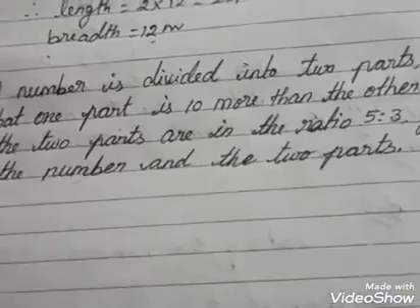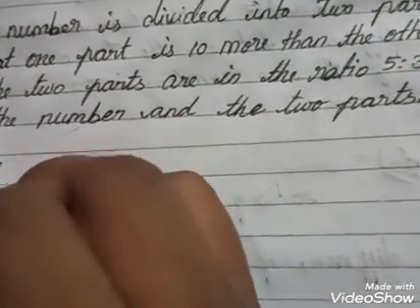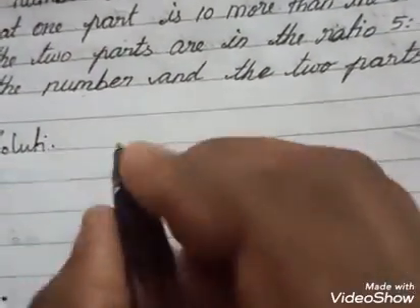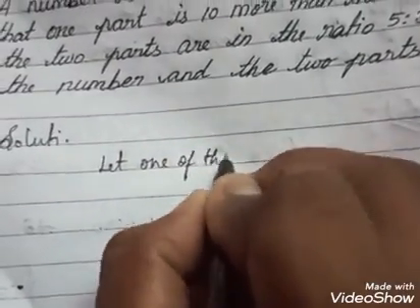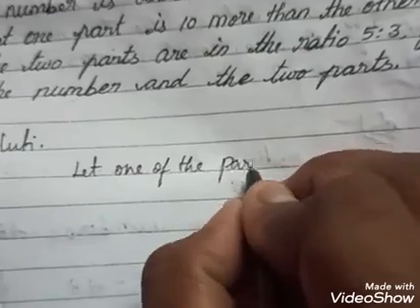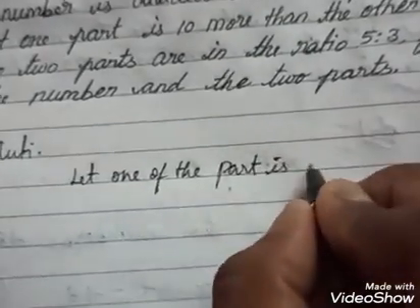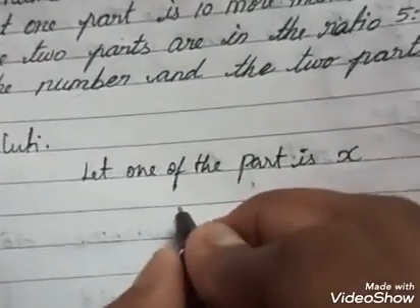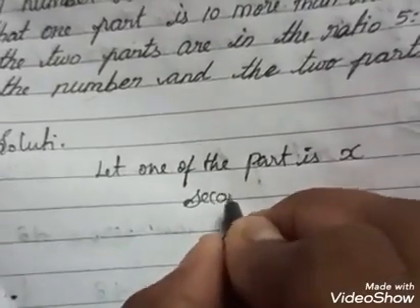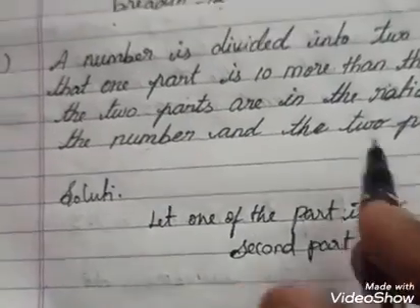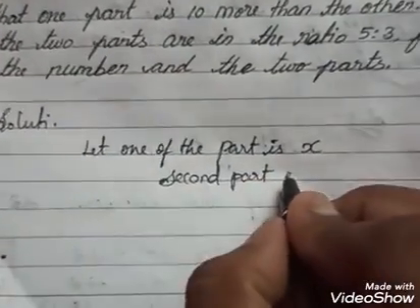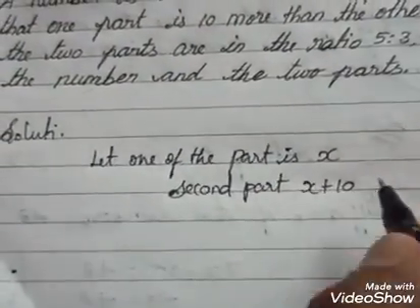So one by one I have to solve. Solution. Let one of the parts be x, and the second part, 10 more than the other, should be x plus 10.